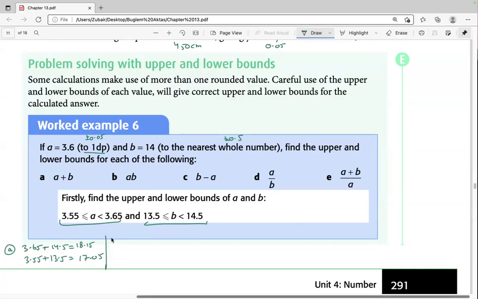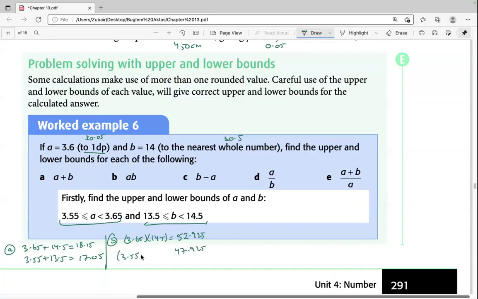Now look at the B part, A multiplied by B. The highest value is 3.65 times 14.5, which is 52.925, and 3.55 times 13.5 is 47.925.